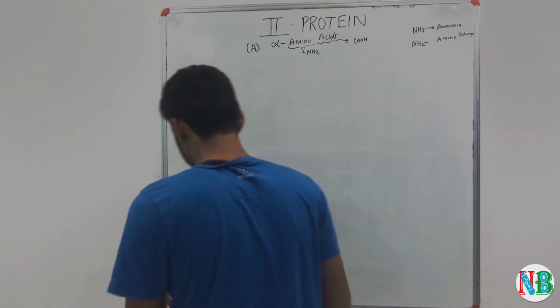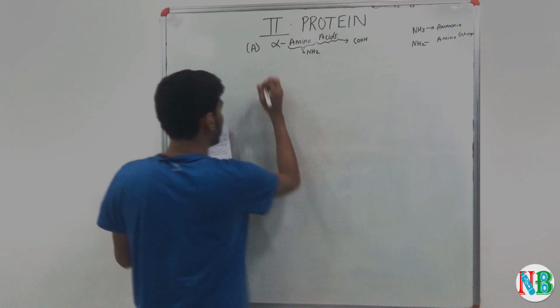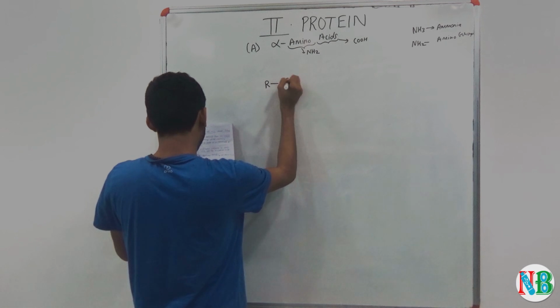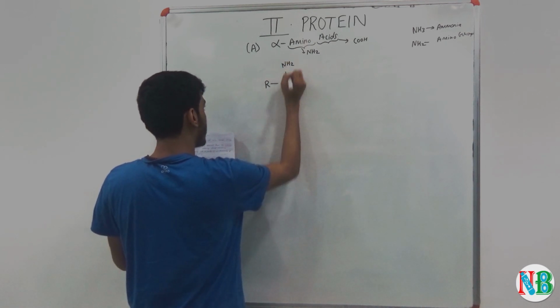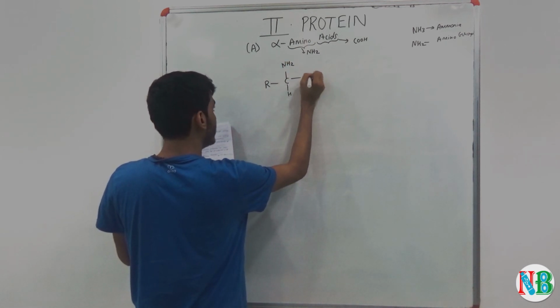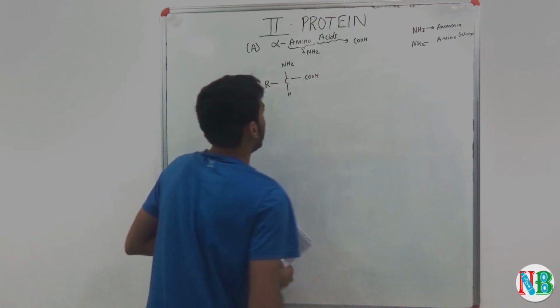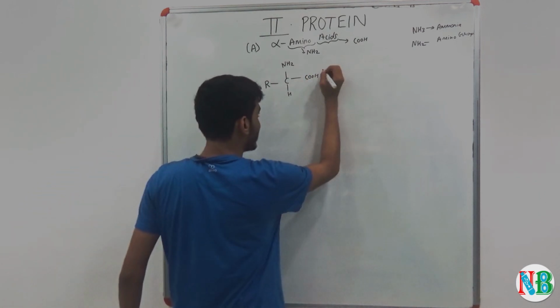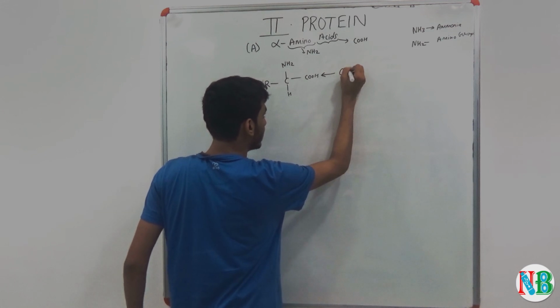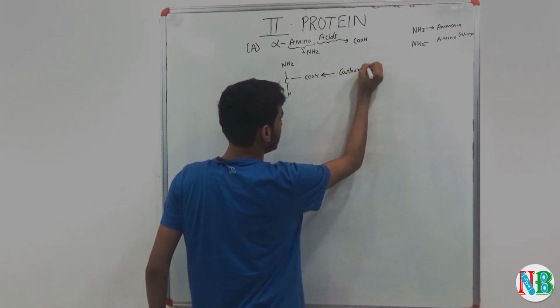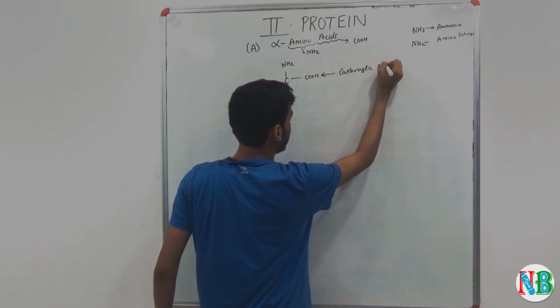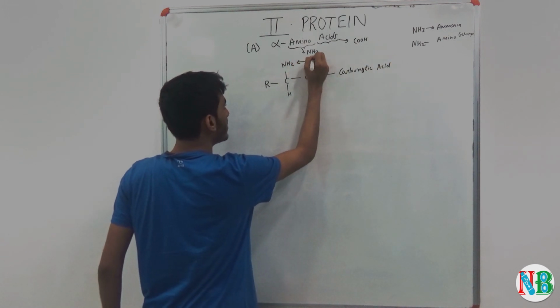Okay. So the structure looks something like this: R, C, NH2, H, COOH. In the structure, the COOH is the carboxylic acid. The NH2 group is the amino group.